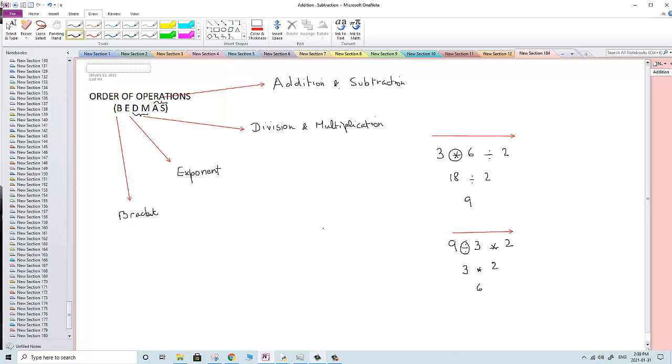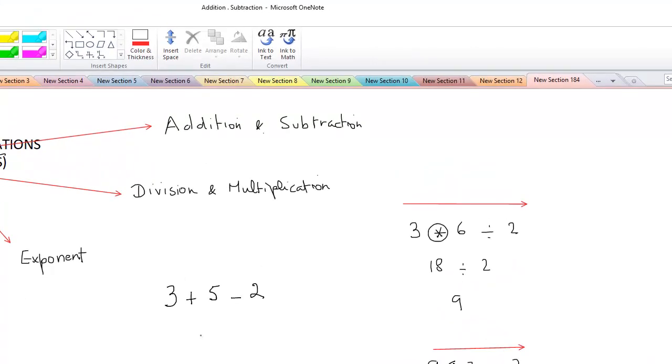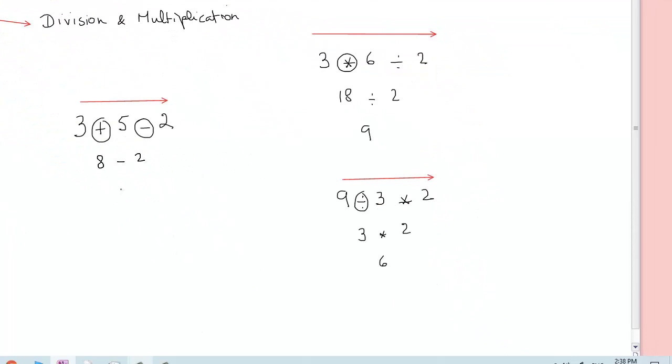The same thing applies for addition and subtraction. If I have 3 plus 5 minus 2, I know that addition and subtraction have the same level, but because I start from left to right, I say 3 plus 5 first equals 8, minus 2 equals 6. And the same thing if I have 5 minus 2 plus 3.